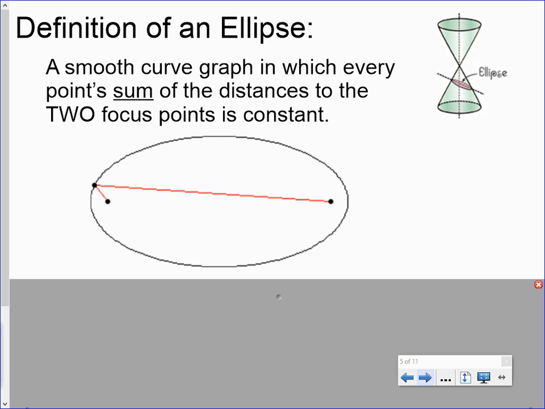And that is modeled by our string activity, also pictured here on the board.